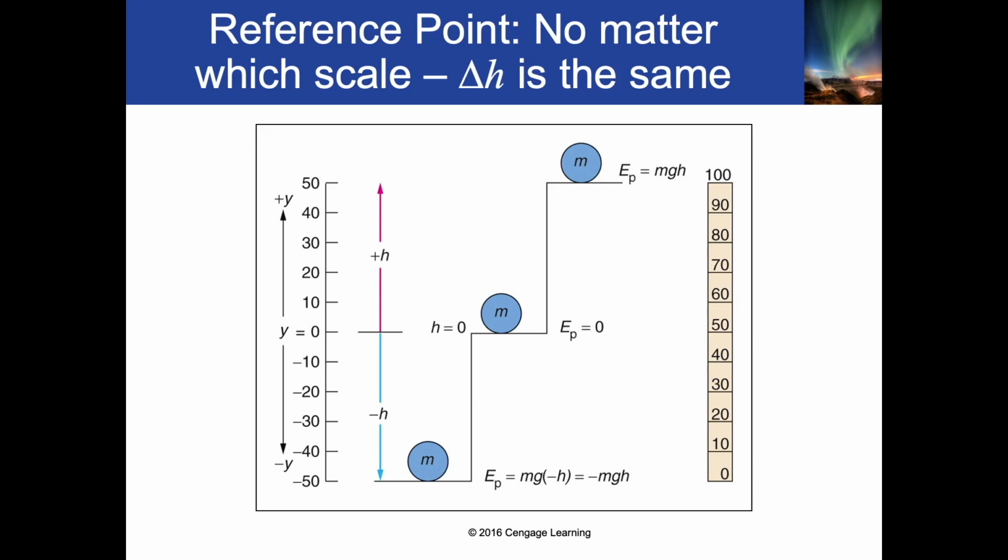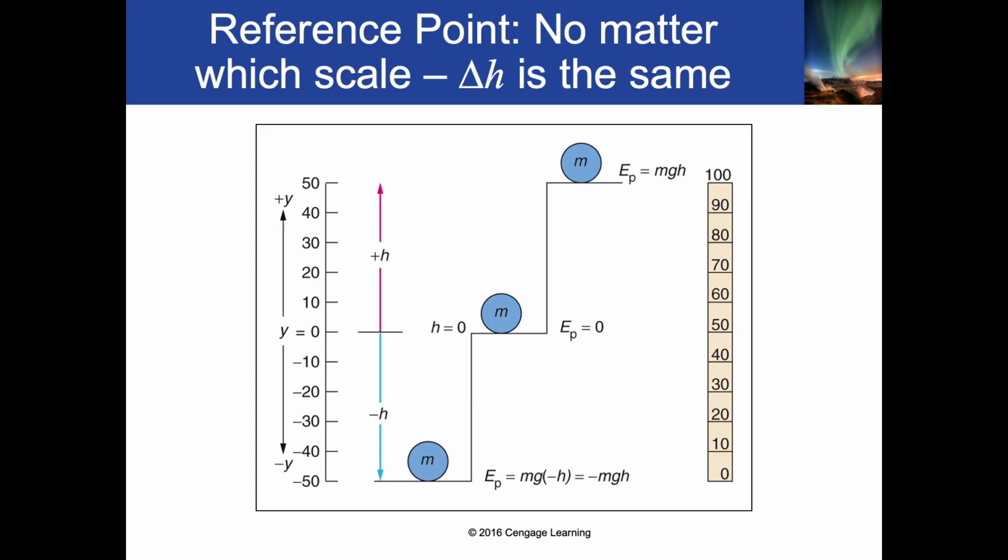Does that make sense? So the thing to notice about this though is that even though I have the reference 0 here, right, I can actually make the 0 down here too, at the bottom, okay? And here I'm going 0 to 10, 20, 30, 40, 50, 60, 70, all the way to 100, right?